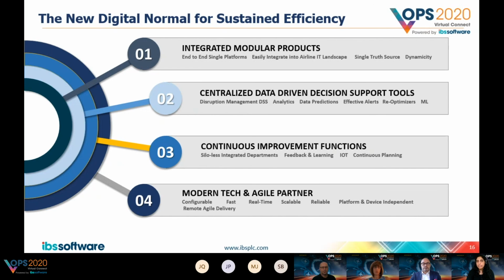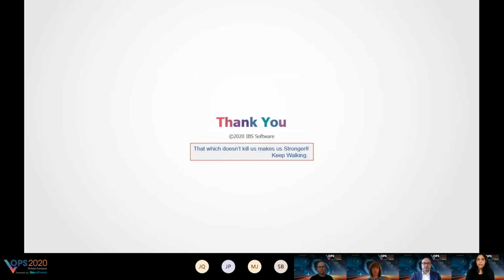So these are some of the key points coming out of past discussions that would digitally help sustained efficiency and move us into a new digital normal. As a last word, I also believe in the saying that what doesn't kill us makes us stronger, and let airlines and us digital partners work together and keep walking and keep flying and soar out of the ashes of the situation.